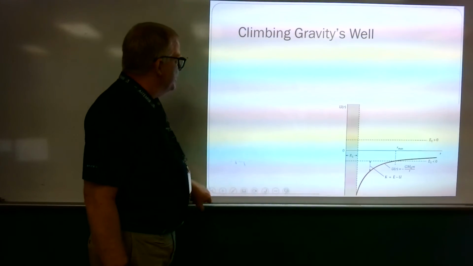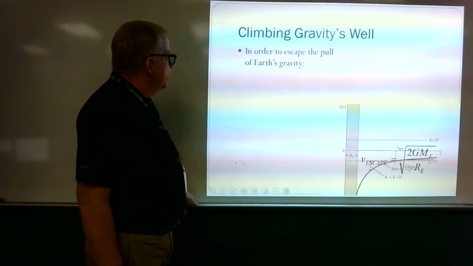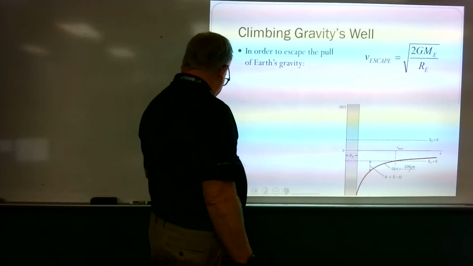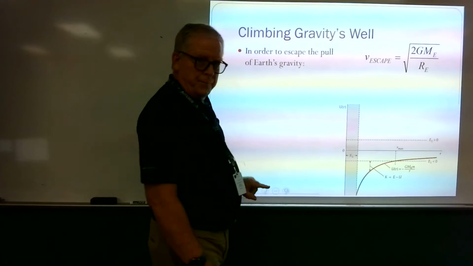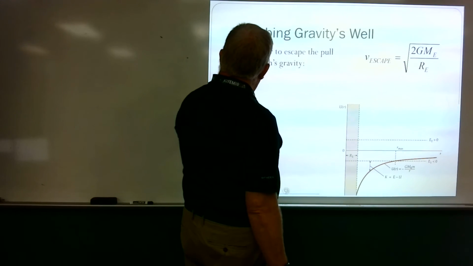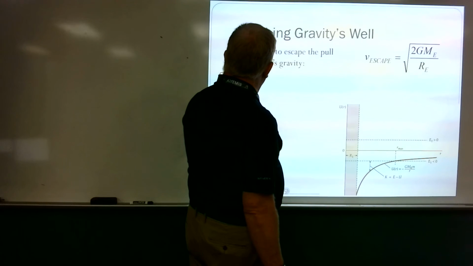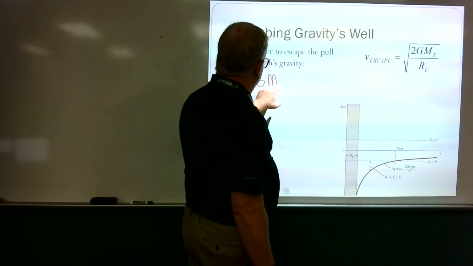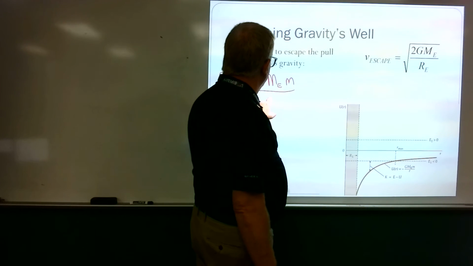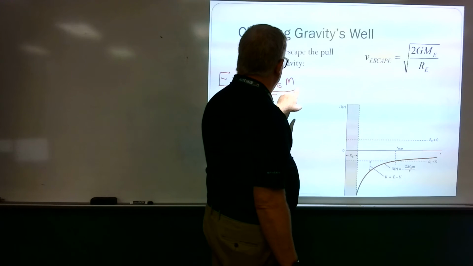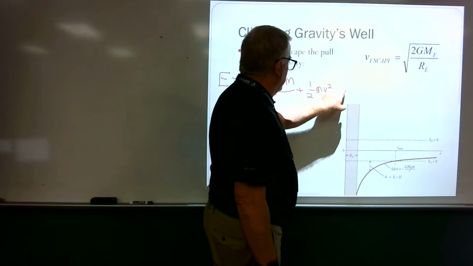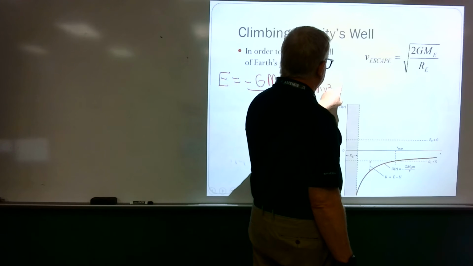So in order to have escape velocity, we need to write the total energy, which is going to be the potential energy, which is a negative G mass of the Earth, mass of the object over r, plus 1/2 mv squared, and this has to be greater than zero.